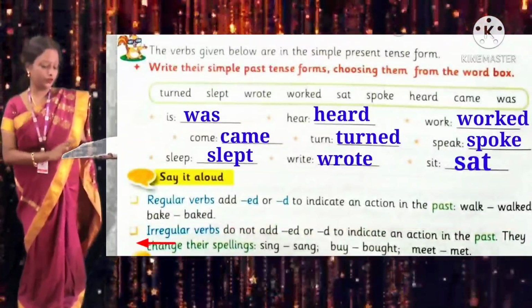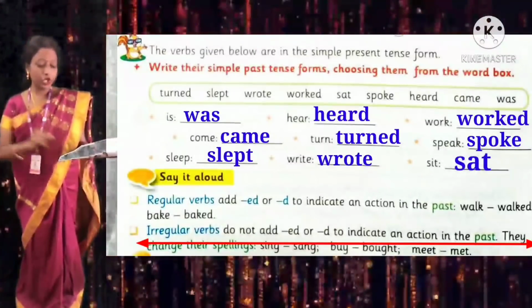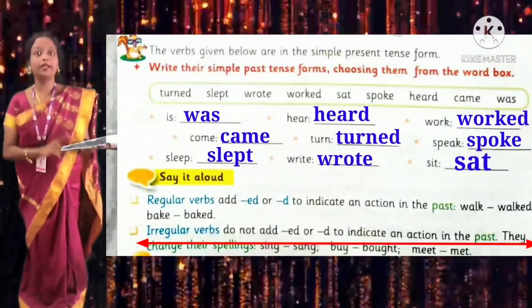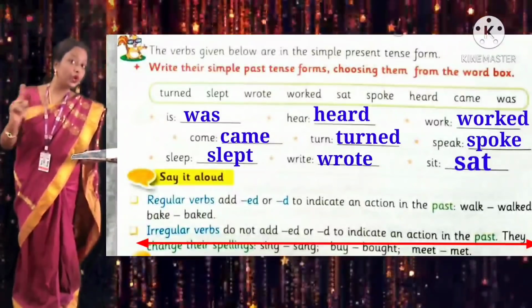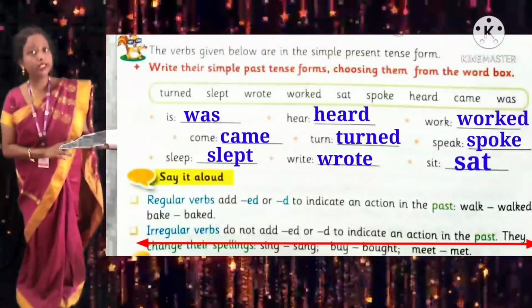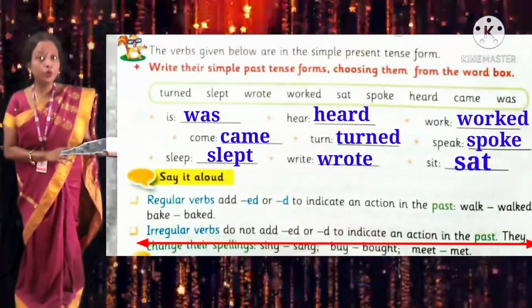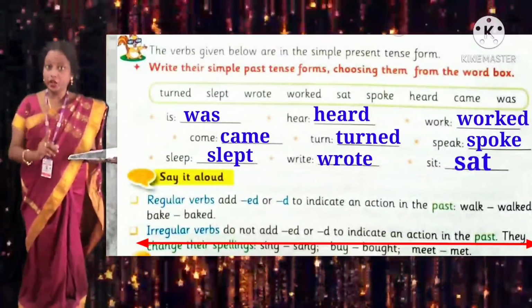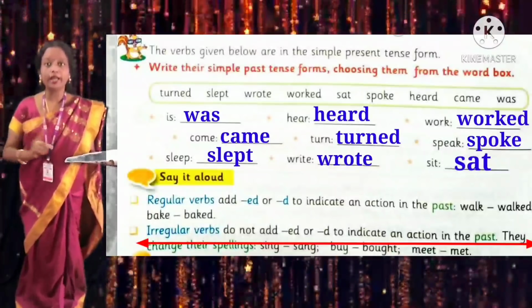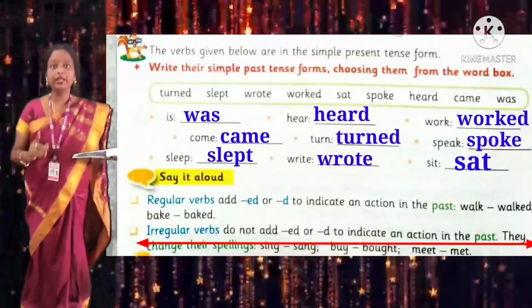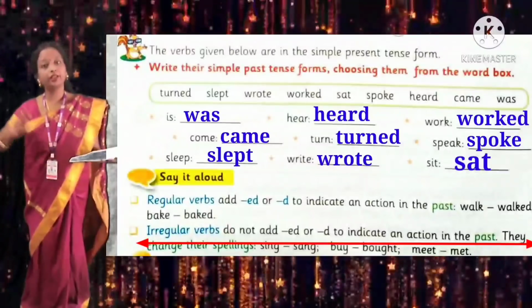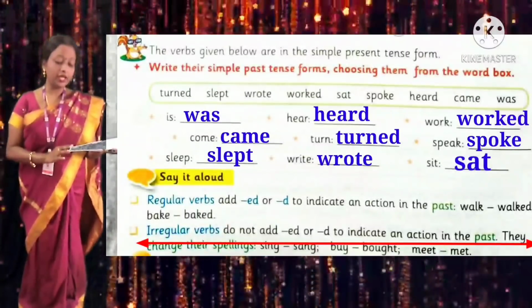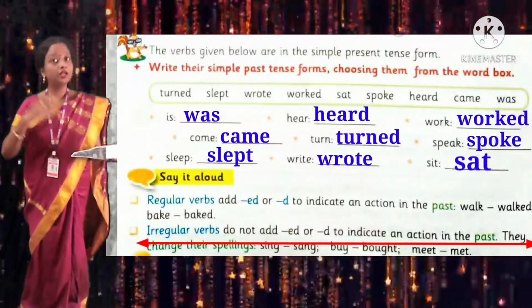Now, irregular verbs. Irregular verbs, children, do not add ed or d to indicate an action in the past. Okay? They change their spelling.